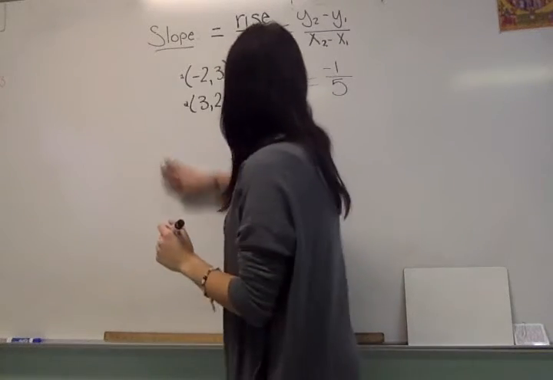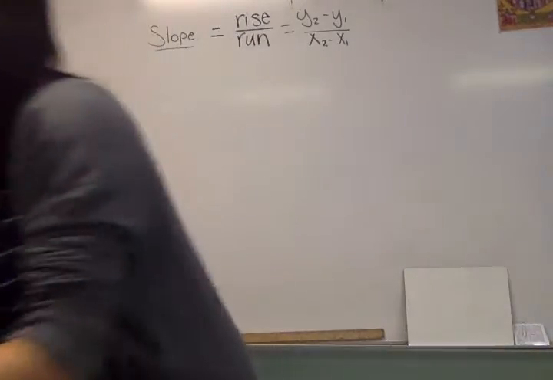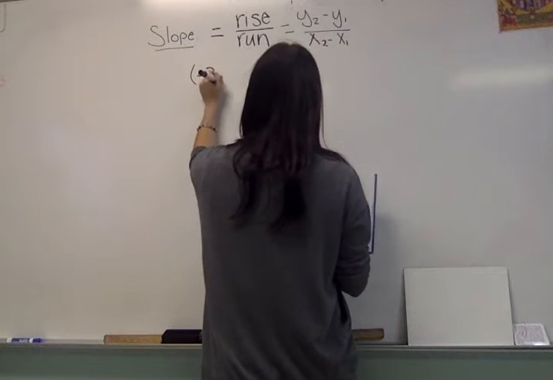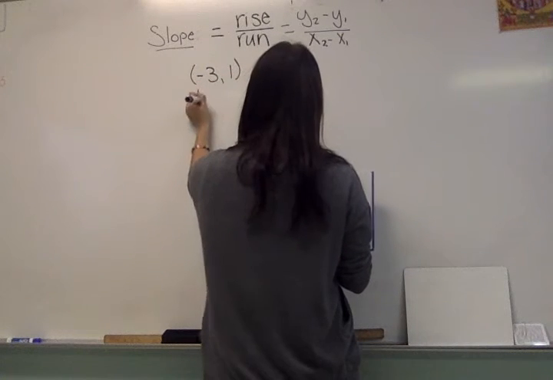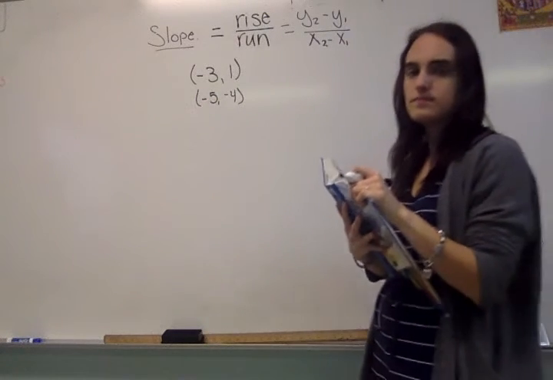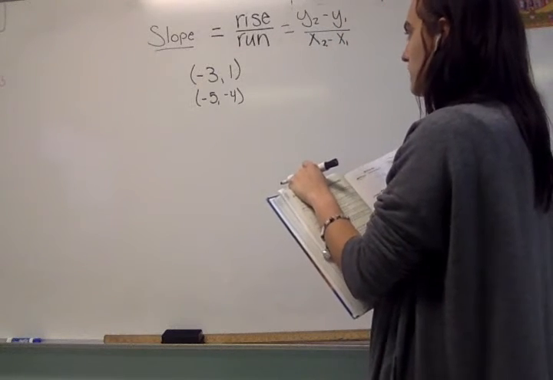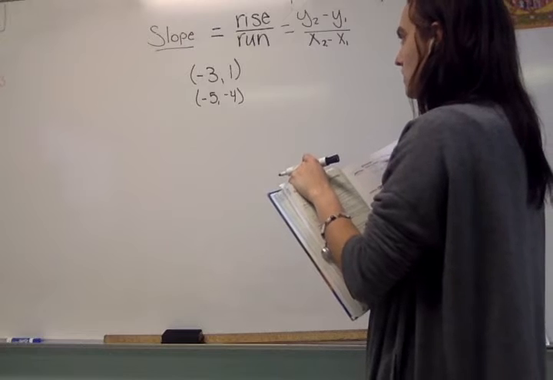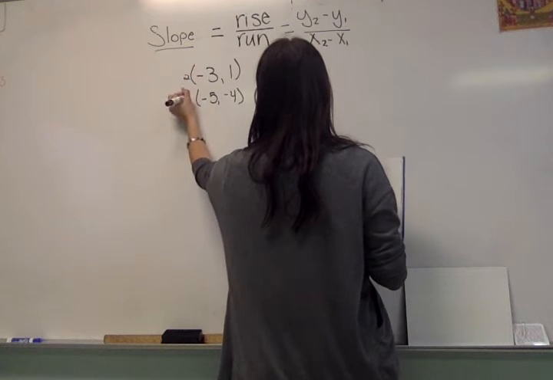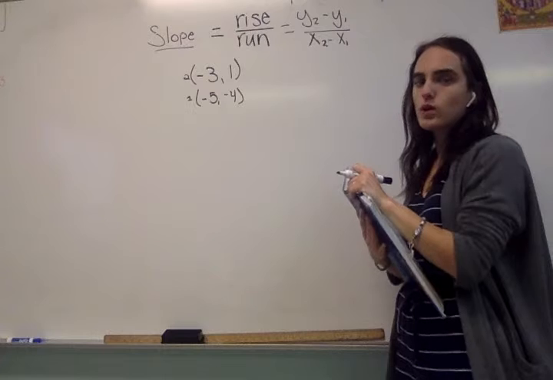What about another one? What if I was given the points -3, 1, and -5, -4, and I was asked to find the slope? Let's see. At first glance, I see way too many negatives, but let's try the top one being my second coordinate pair and the bottom one being my first coordinate pair.